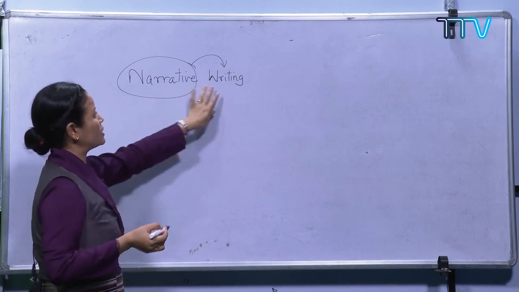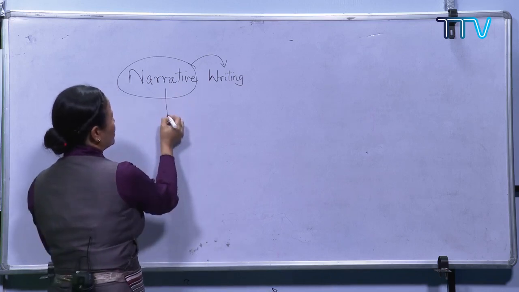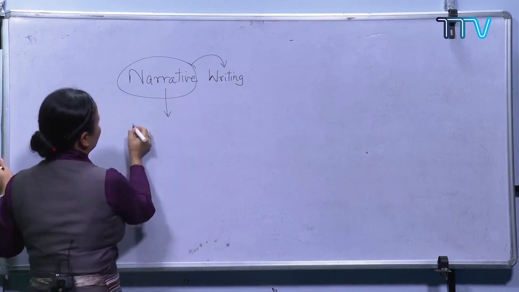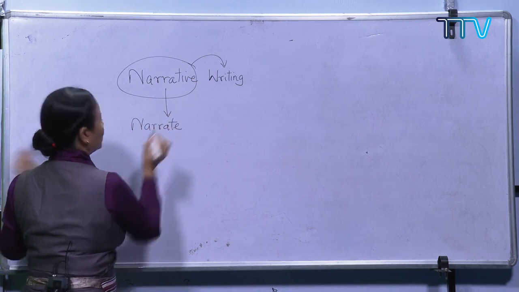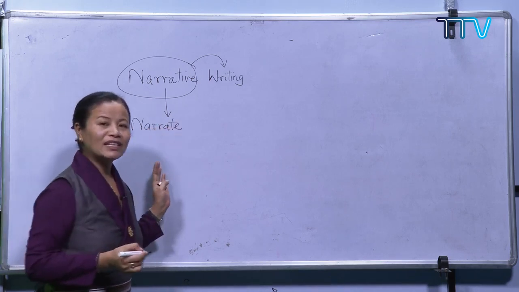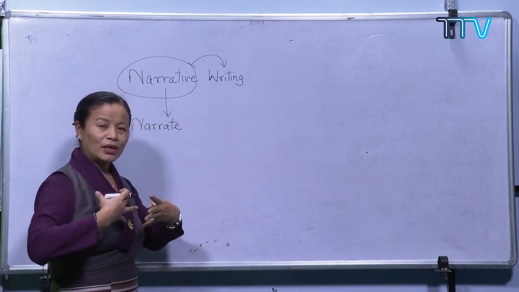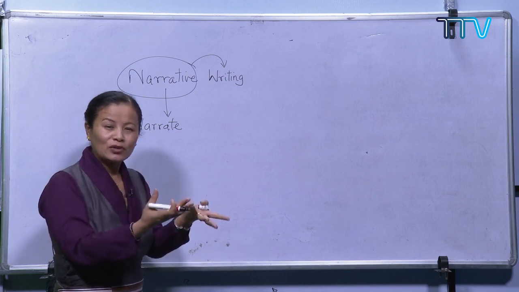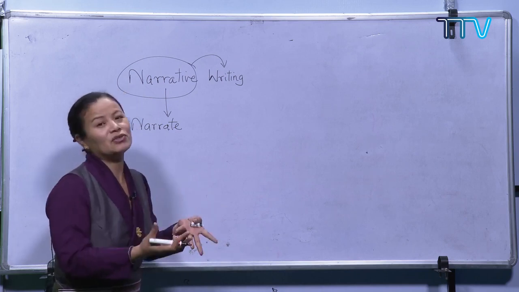So, narrative is explaining what type of writing. If we break this word, narrate, you all know what narrate is, isn't it? You express something, you tell something, usually in the form of a story, an event or incident you narrate.